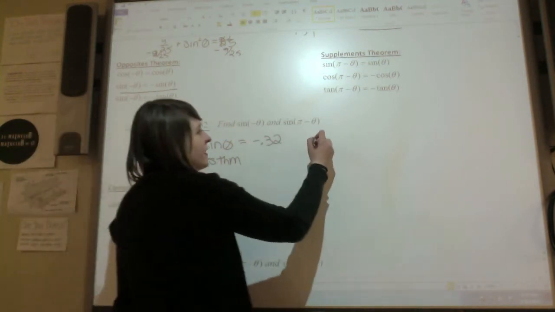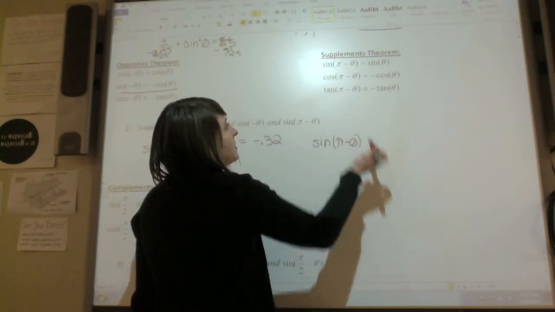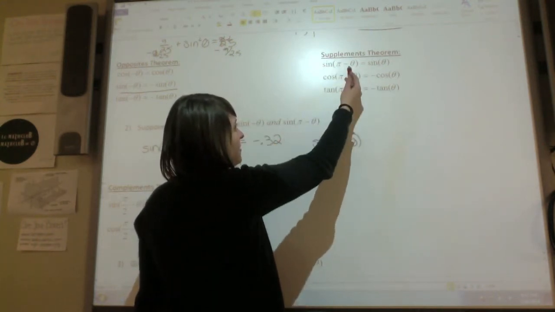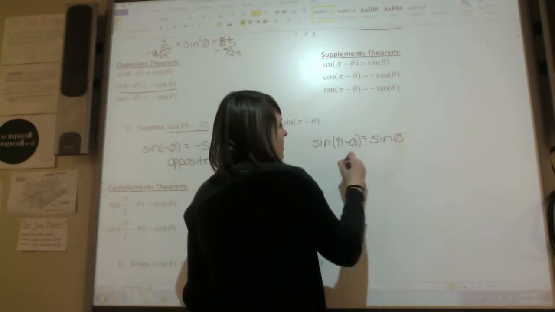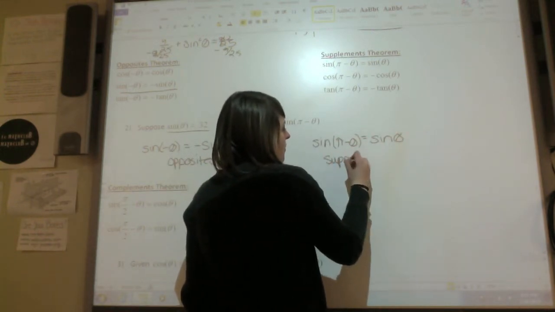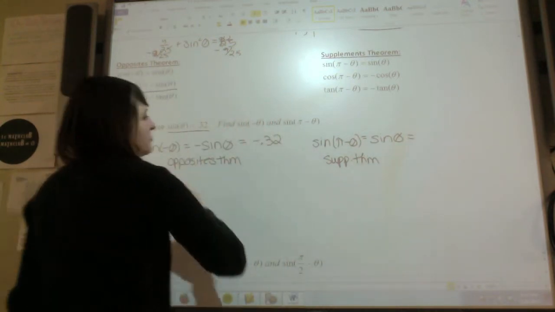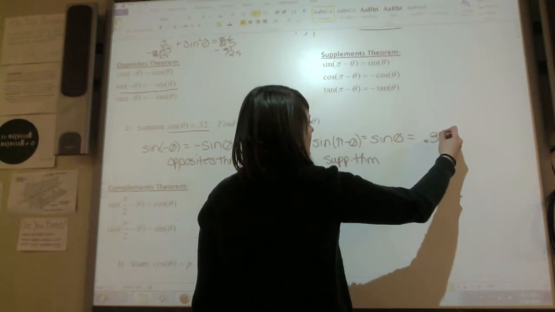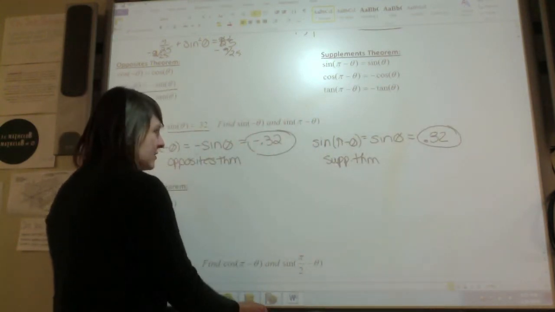Now if I want to find the sine of pi minus theta, I can use my supplements theorem, and I know that the sine of pi minus theta is equal to the sine of theta. They told me that the sine of theta is just 0.32. So I've got both my answers there.